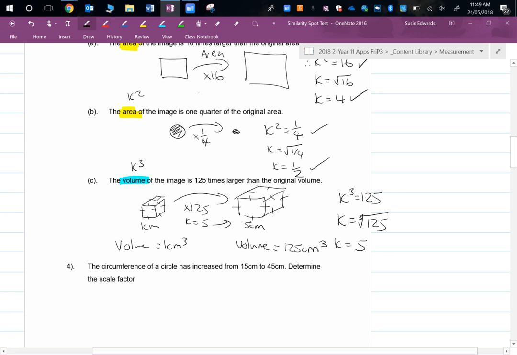So k is the difference in the lengths, multiplying the lengths of a shape by that number. The k cubed is what actually changes in the volume because the volume gets way bigger because of that. Okay, so that's why this works in that way. k is 5, even though the volume increases by 125.